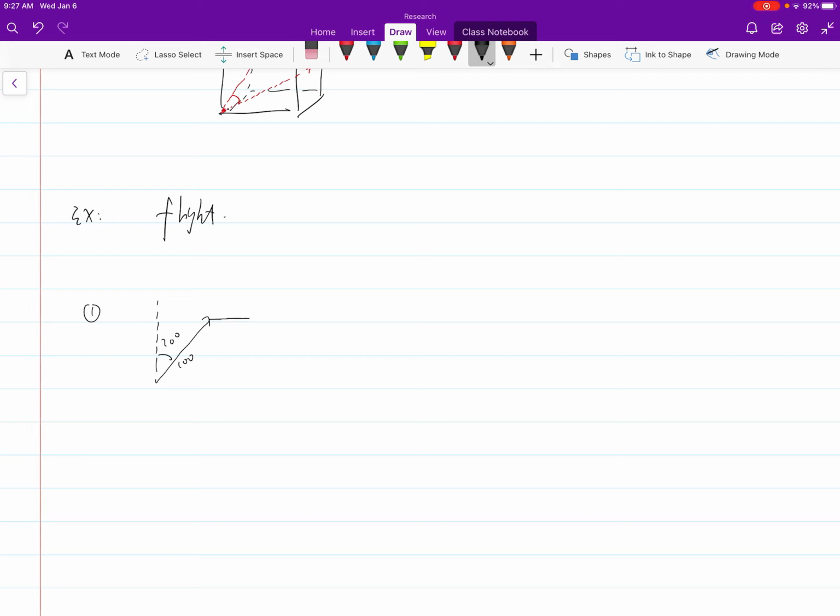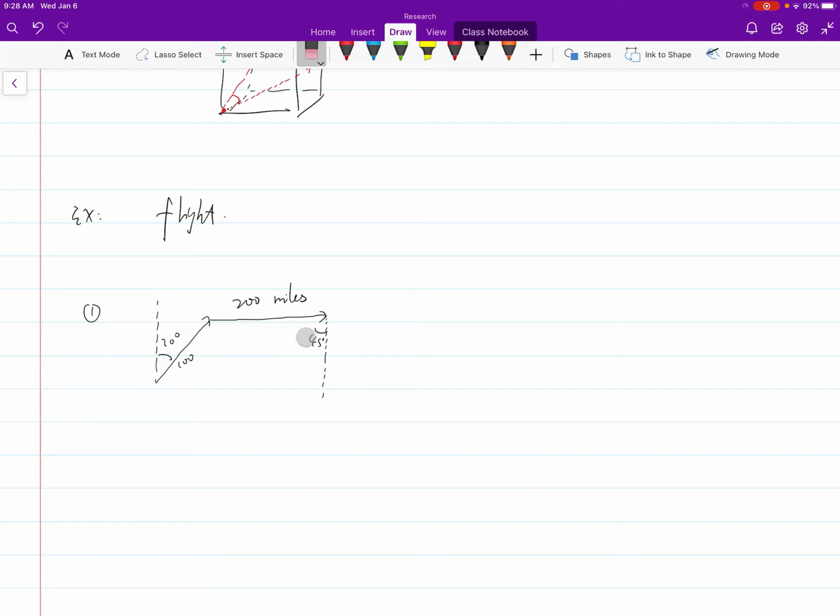After that, we fly east for 200 miles. After that, we fly, how much? I don't know. Then we fly 45 degrees towards this direction for another 100 miles.